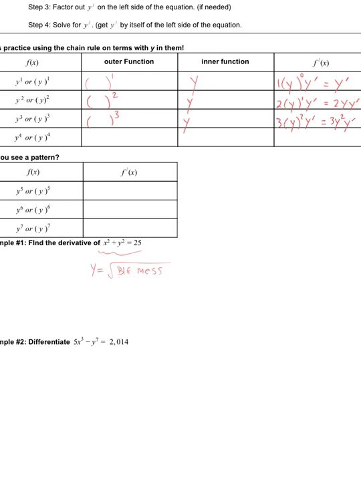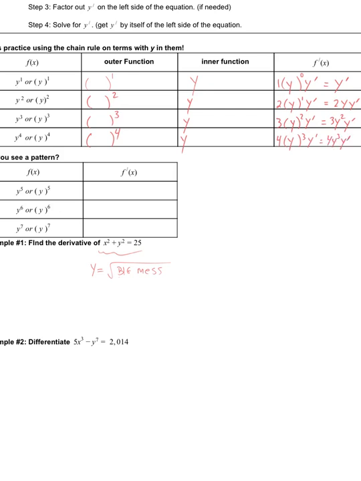Anybody seeing a pattern? Let's do it again. The derivative of y to the fourth, implicitly using the chain rule. The outer function is something to the fourth, and the inner function is y. So the derivative of the outer is 4 times something to the third. The inner as is y, and the derivative of the inner is y prime. So that simplifies to 4y cubed y prime.